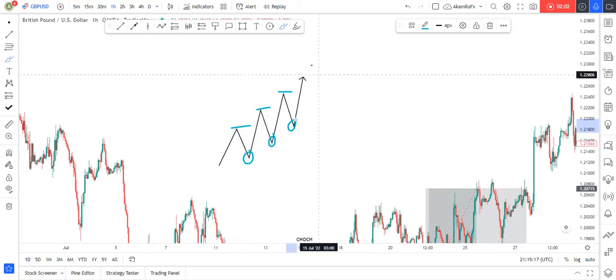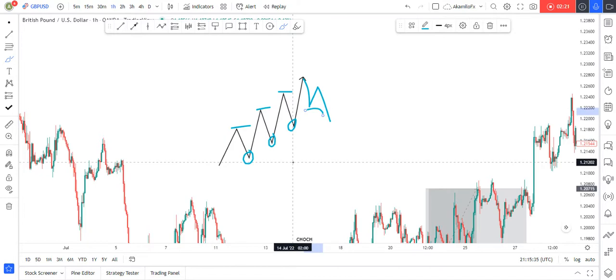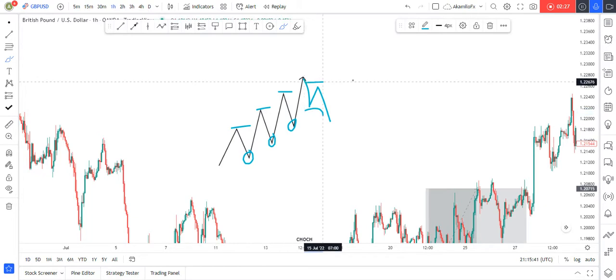So the incorrect way of identifying choch: if price is moving to the upside and price comes down and gives us a shift in structure, many traders mark this place to be a choch, and they'll be taking their positions at this level.